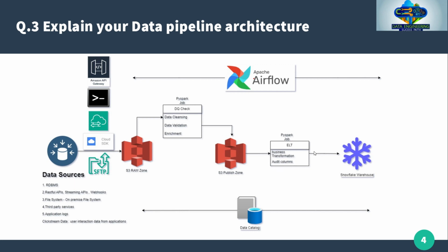So those things will be taken care of as part of our ELT job, and that will also be a separate PySpark job, which will load the data into Snowflake target table, and Snowflake becomes the consumption layer.